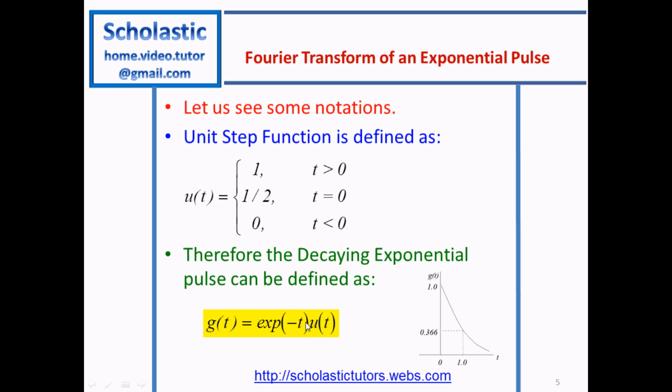Therefore, we multiply exponential minus t with u(t), the step function. When you multiply with the step function, the values below 0 will become 0 because the step function is 0 for t less than 0. So when you multiply this step function with exponential minus t, you get a pulse like this.